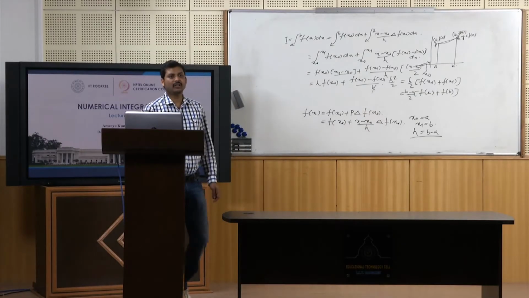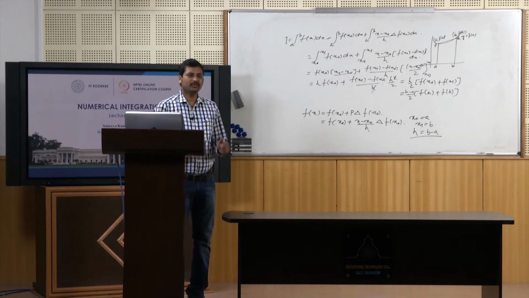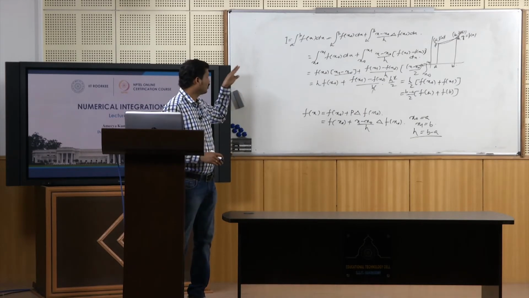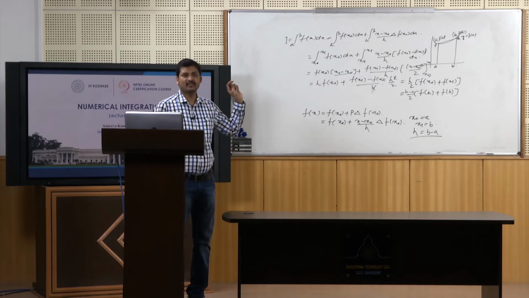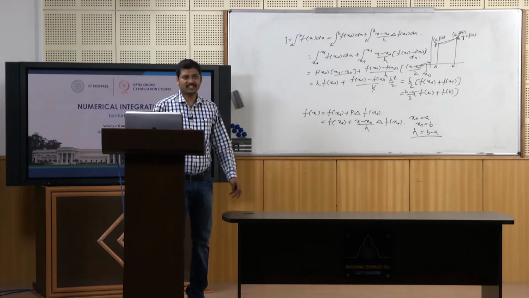This is called the 2-point quadrature formula. We consider a linear interpolating polynomial that interpolates the curve y = f(x) in a particular region, and then we can evaluate this integral.